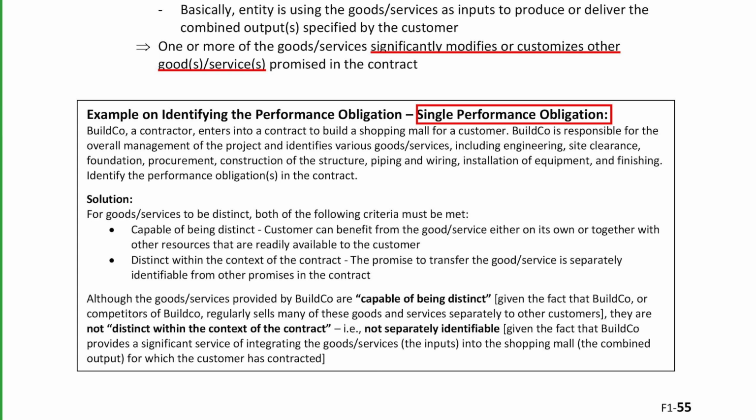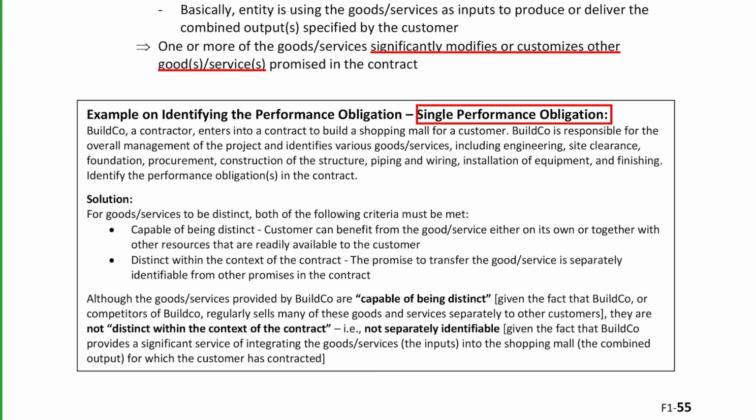Buildco is responsible for the overall management of the project and identifies various goods or services, including engineering, site clearance, foundation, procurement, construction of the structure, piping and wiring, installation of equipment, and finishing. And you've got to identify the performance obligations in the contract.